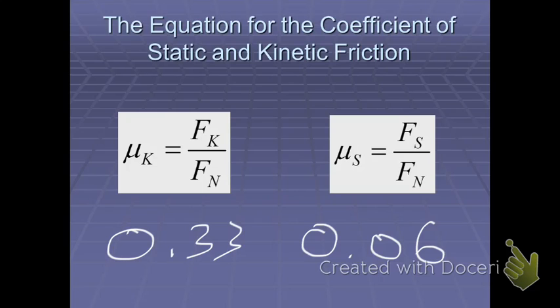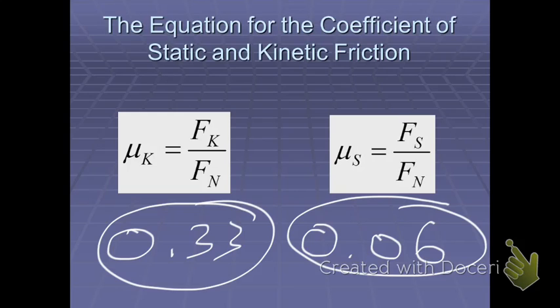Now, the one with the smallest value, so the 0.06, indicates you have the least amount of friction. So this would be something like ice, right? Very slippery. Something with 0.33 might be going along a concrete surface. So a more rough surface will then create a greater coefficient.